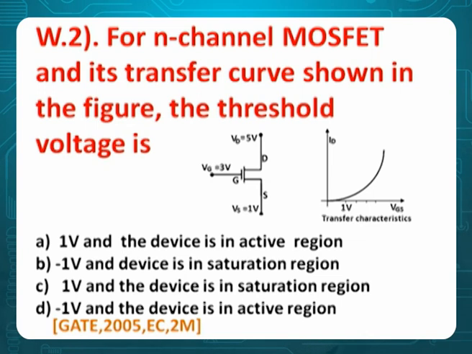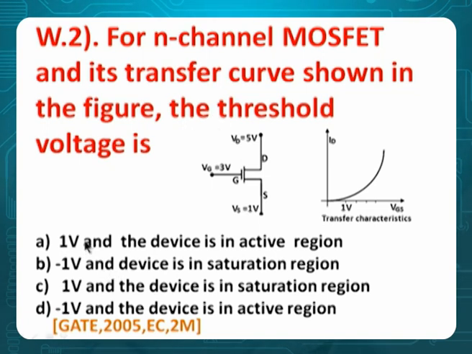Problem 2. For the N-channel MOSFET and its transfer characteristic shown in the figure, the threshold voltage is, look here, it is starting from 1 volt. This VG is 3, VD is 5, and VGS is 1. And this is the transfer characteristic. So what is the threshold?